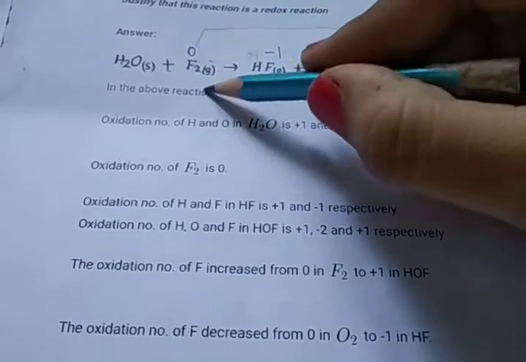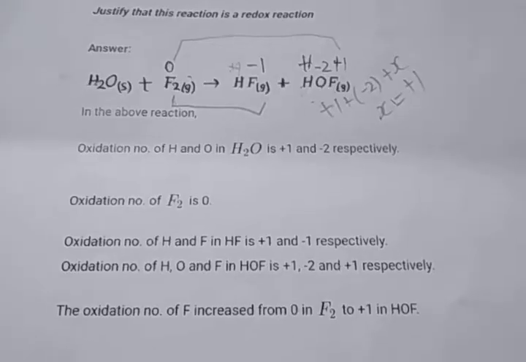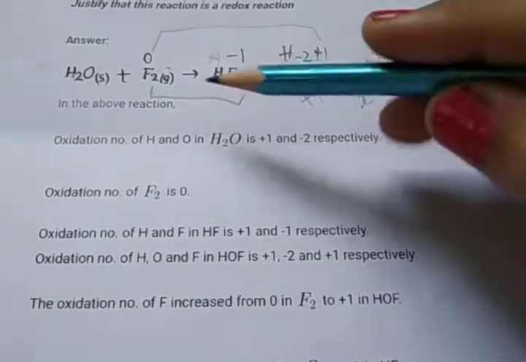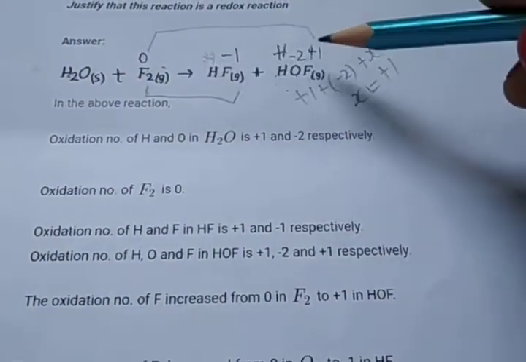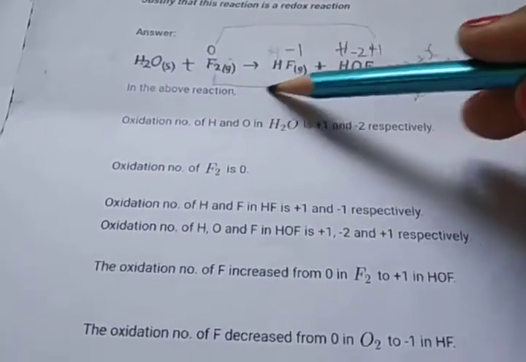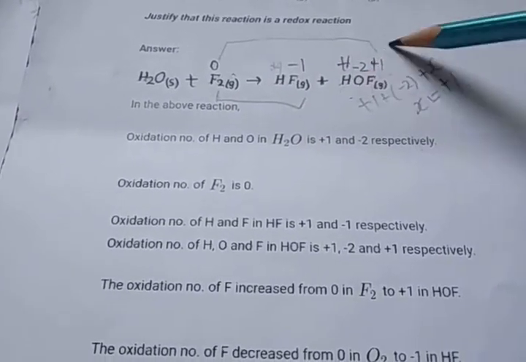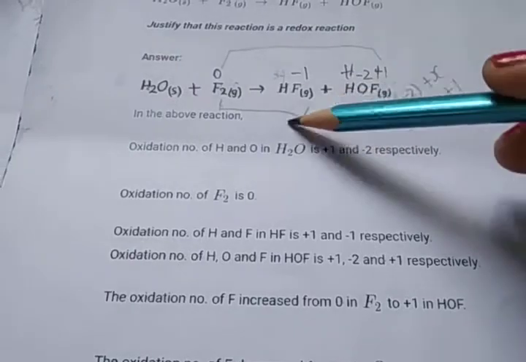And here fluorine goes from 0 to -1, a decrease. So oxidation number increase is oxidation, and oxidation number decrease is reduction.